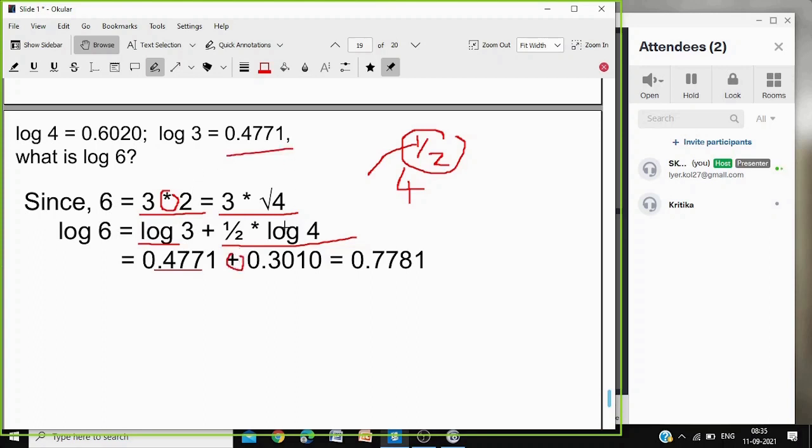Log 4 is so much, so half will be so much, and you get the value. Instead of 6020, we take 3010, half of log 4, and log 3 as usual, and we get the total by adding. Because when you multiply, when you take the log, it will be plus.